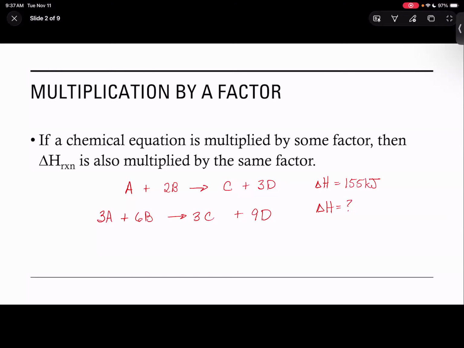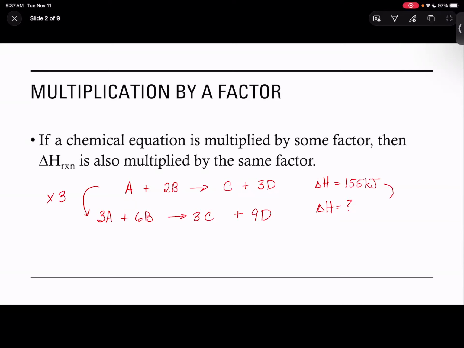Well, if you'll recall yesterday, we can talk about stoichiometric amounts. We did some mathematics associated with the stoichiometric amounts. Well, with this relationship, what we realize is that going from this first equation to the second equation, we multiplied the entire thing by 3.